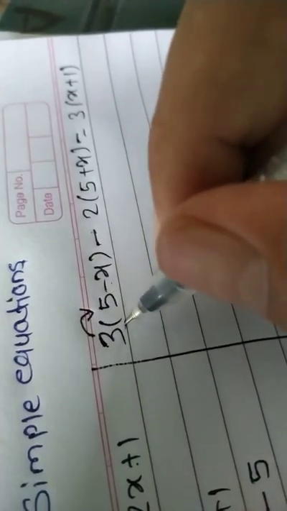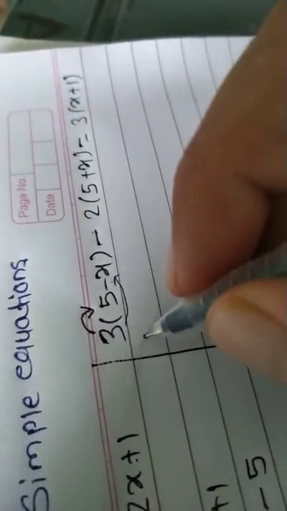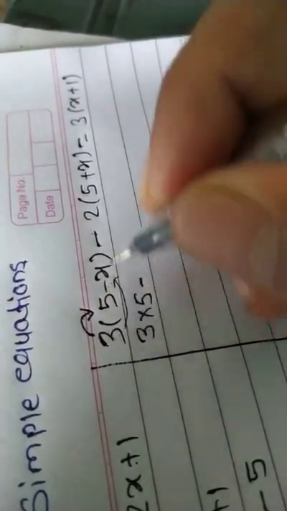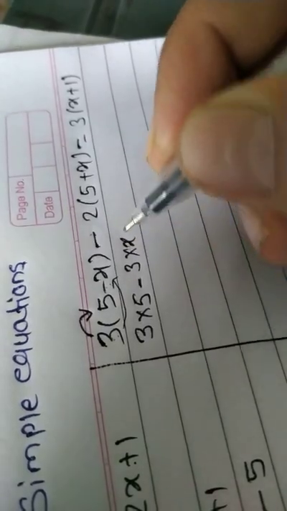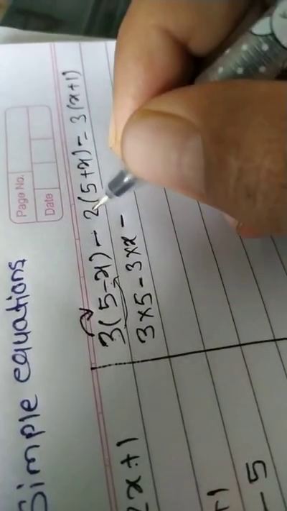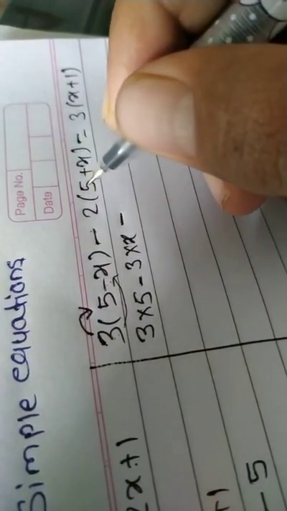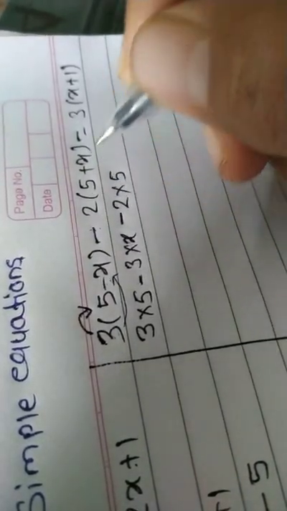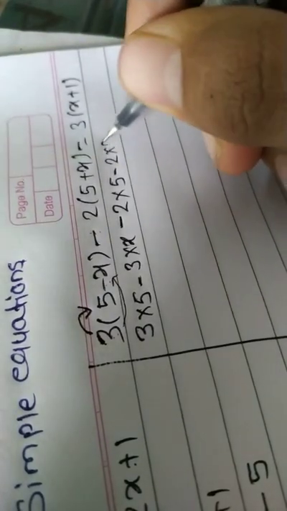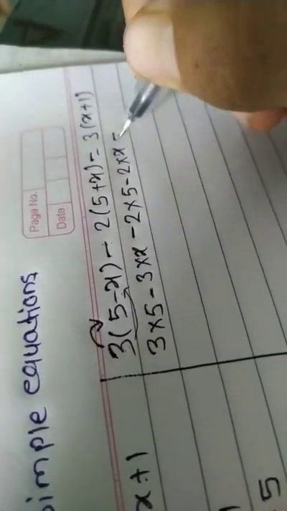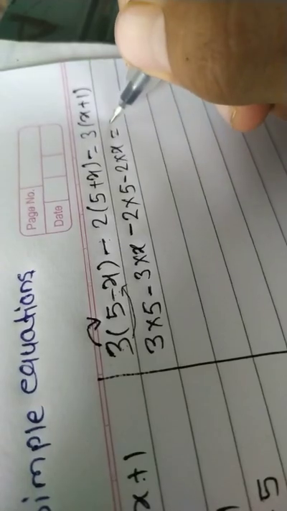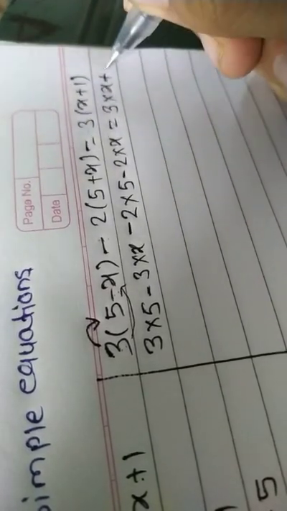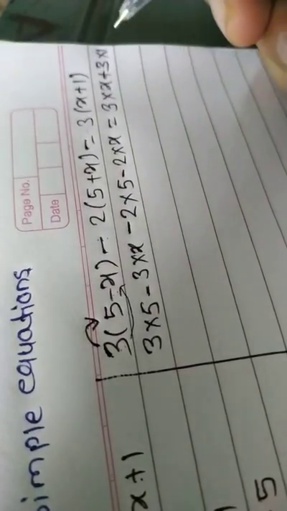So 3 into 5, then 3 into x; minus 2 into 5, minus 2 into x; and on the right 3 into x plus 3 into 1.